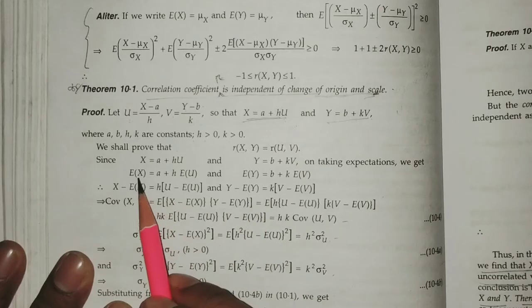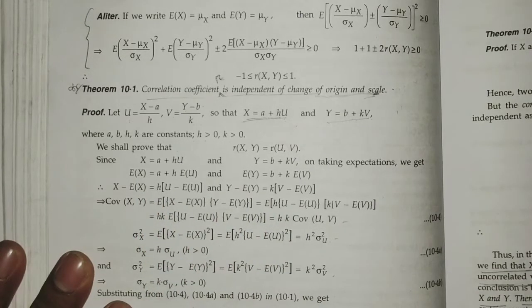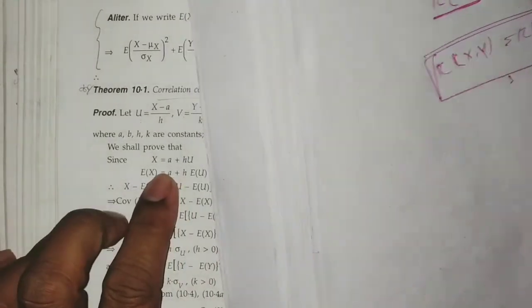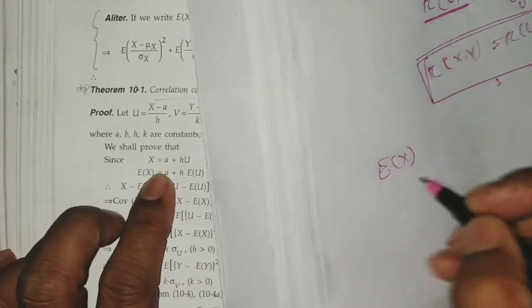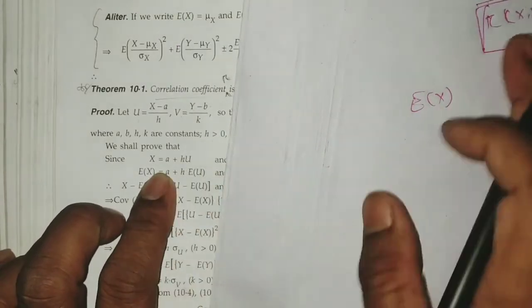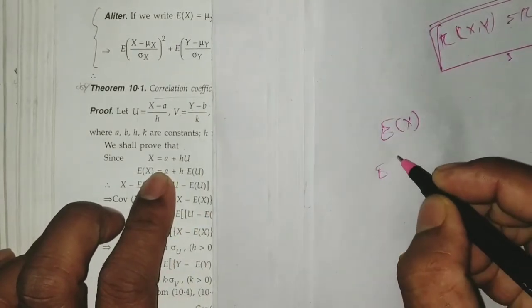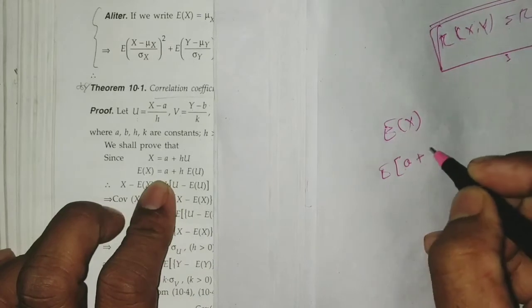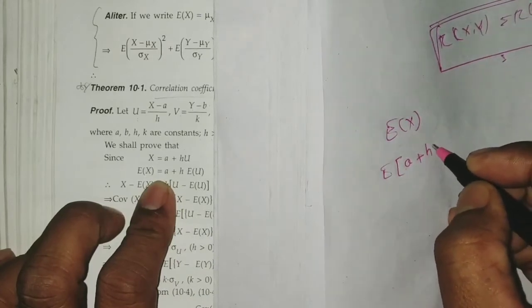So the expectation of x, if we consider it, here you can see we have to write the expectation of x. Here x is a plus hu, right? Expectation of a plus hu.